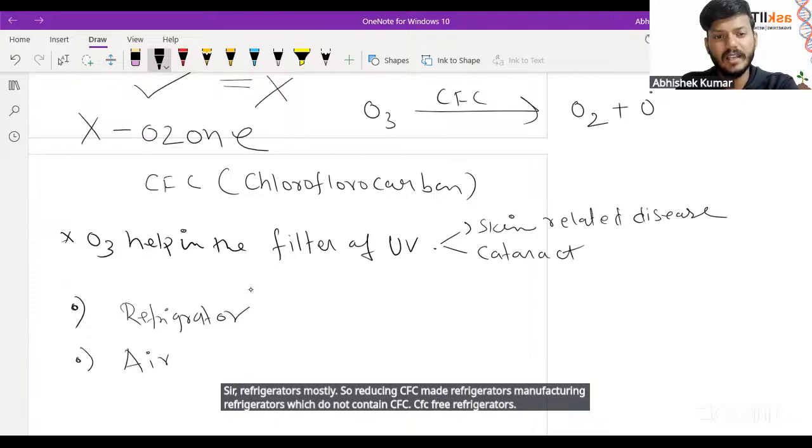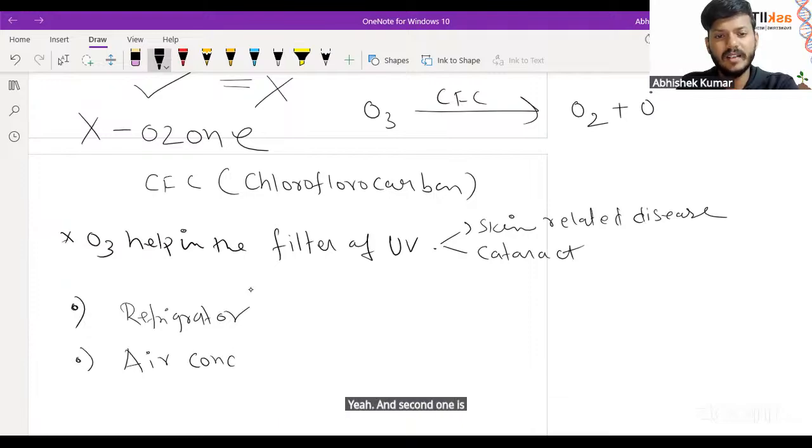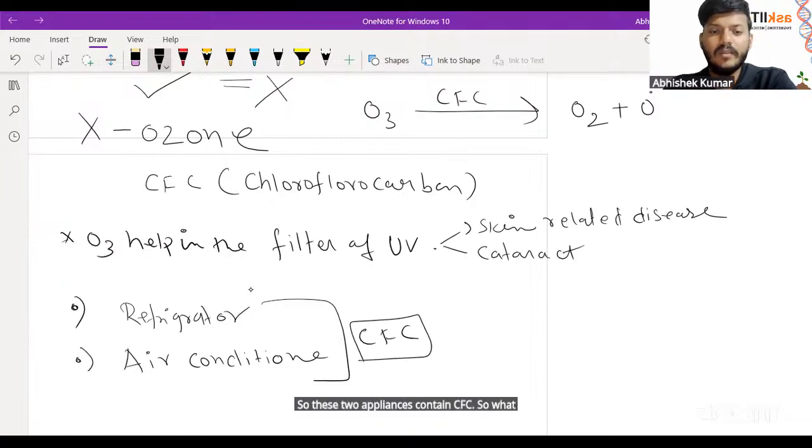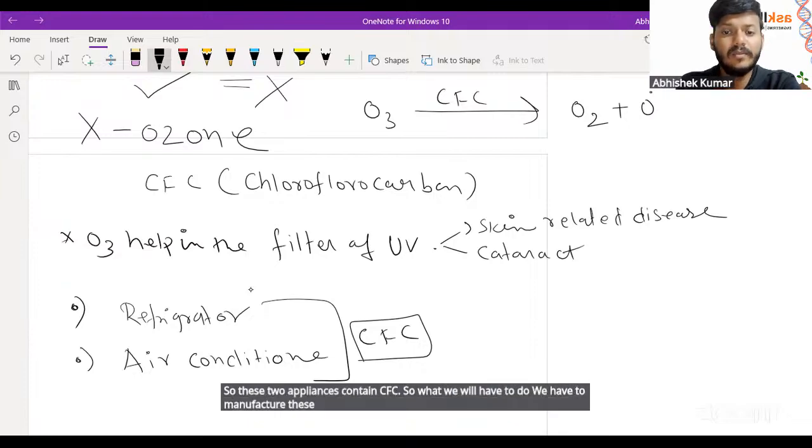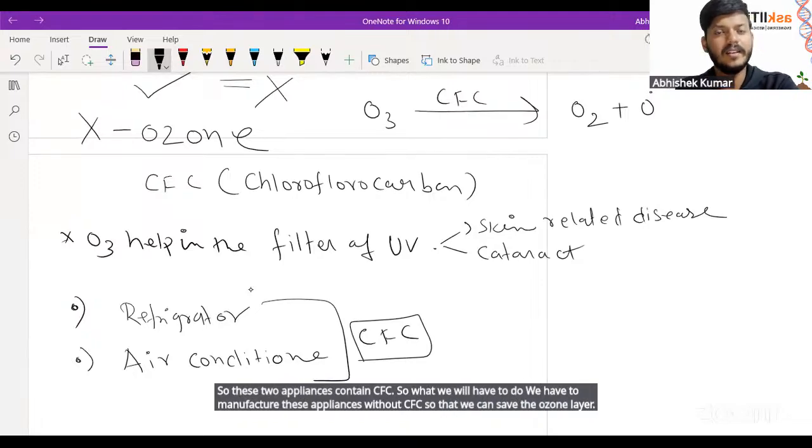And the second one is the air conditioner also. So these two appliances contain CFC. What we have to do is manufacture these appliances without CFC so that we can save the ozone layer. Clear?